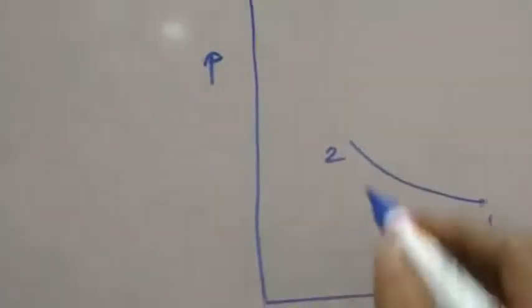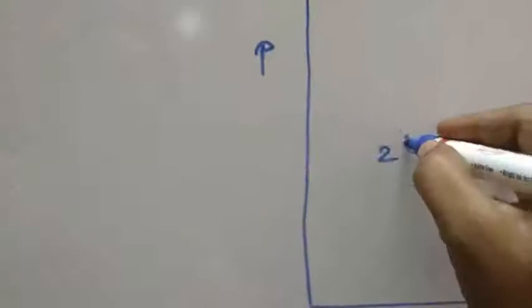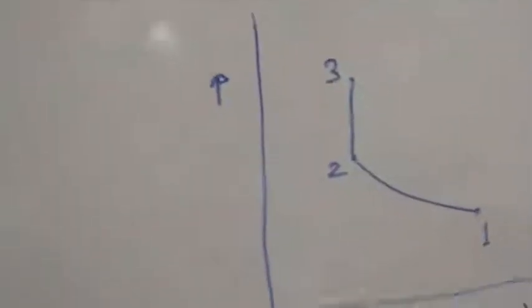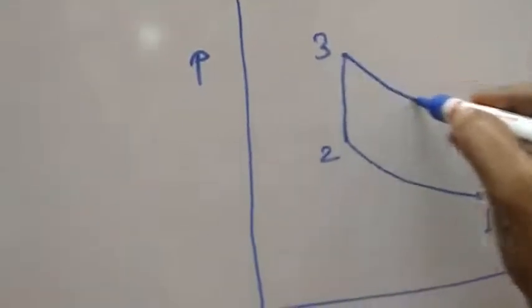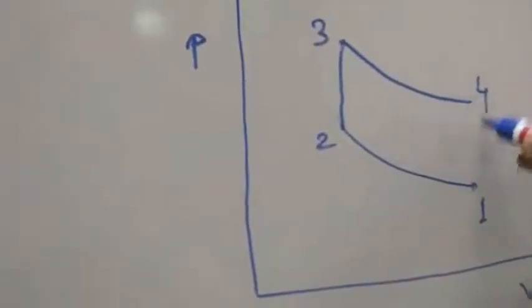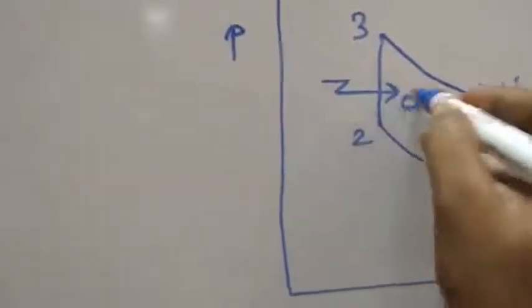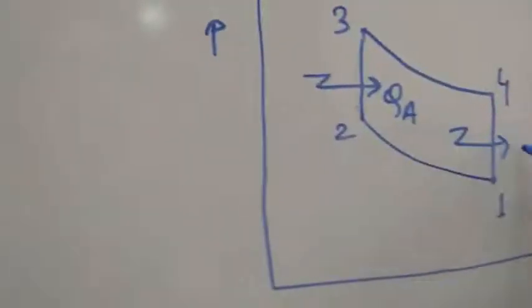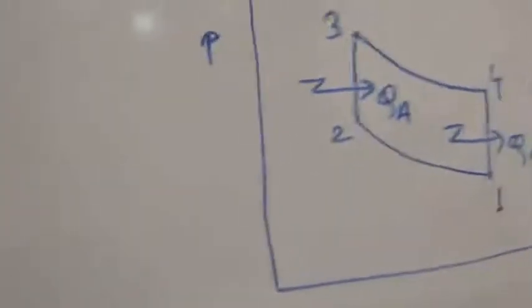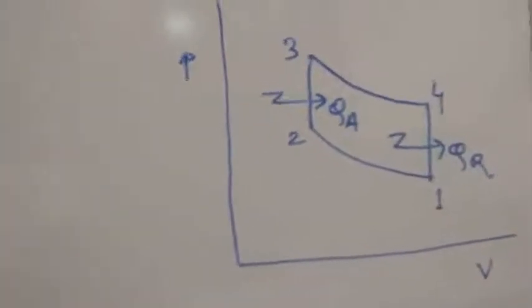Then 2 to 3 is the constant volume heat addition. Then there is the isentropic expansion from 3 to 4, and 4 to 1 is the heat rejection. So this is the Q added, this is the Q rejected. So this is the PV diagram I have drawn.